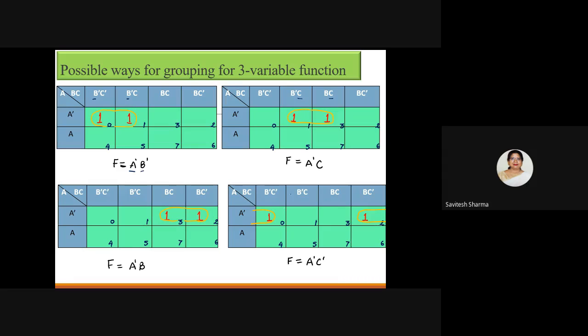But if you imagine you are rolling this K-map, then these two ones will come adjacent, so that you can form a group. What will be the expression for this group? A complement is common here, so you will write A complement, and see the BC condition. Here it is B complement C complement, here B C complement. So what is common here? C complement, right? So this is the expression. Please consider this rolling property of the K-map.